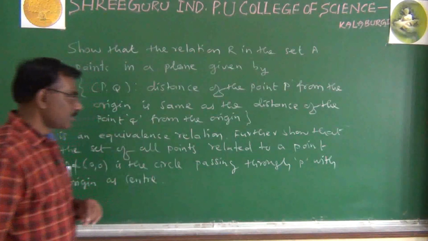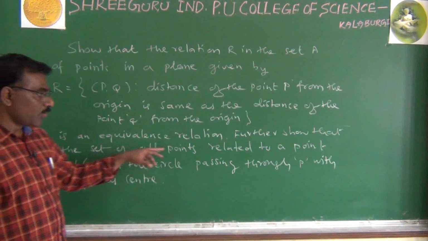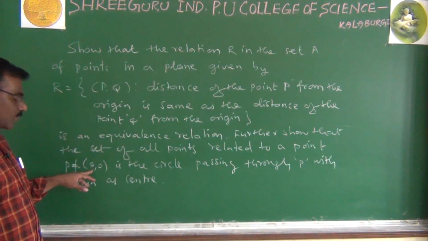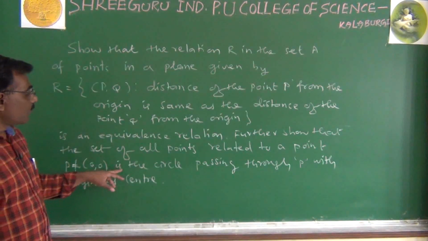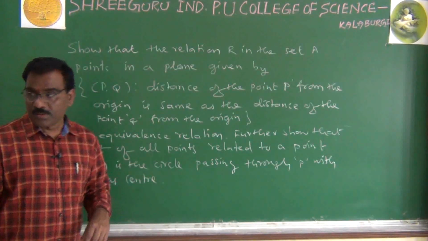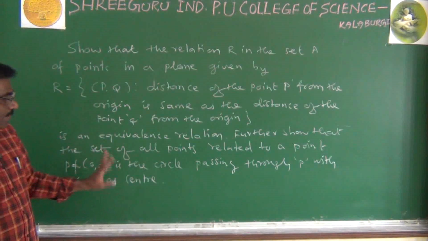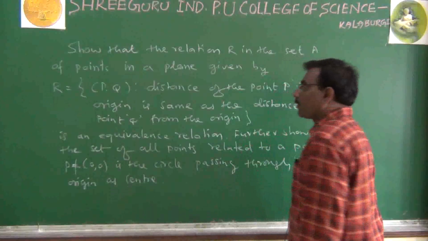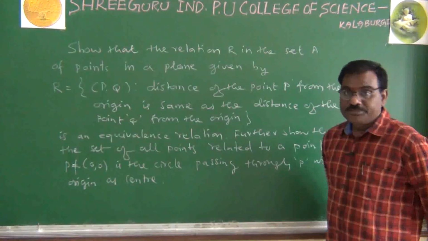Further, show that the set of all points related to a point P not equal to (0, 0) is the circle passing through P with the origin as a center. This is the question.